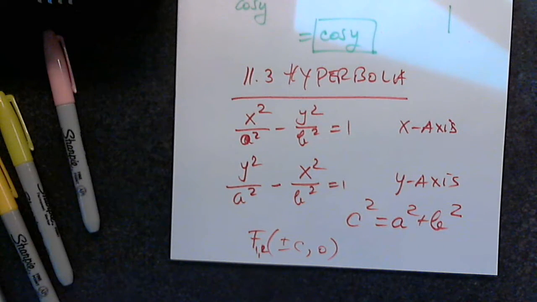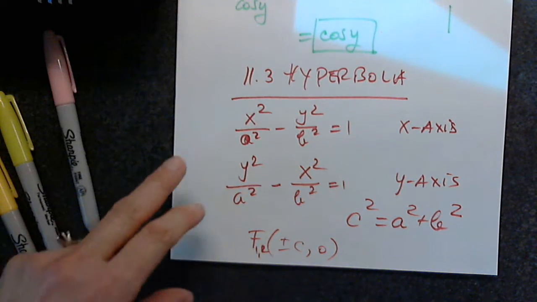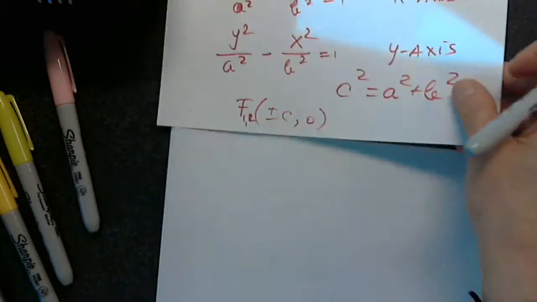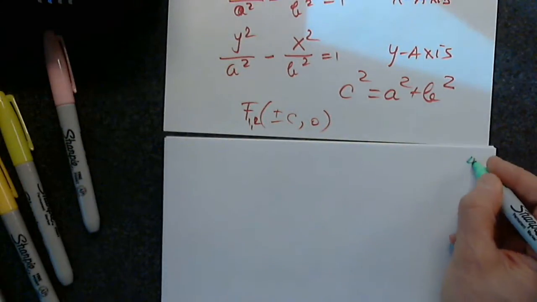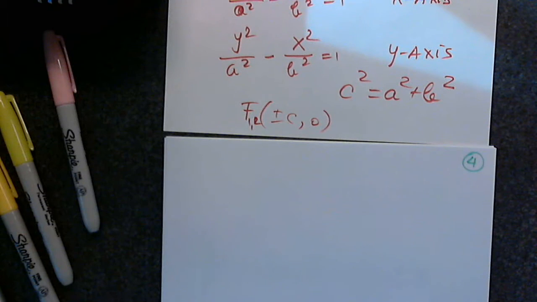On page 748, let's practice some graphs and finding the characteristics of the hyperbola. Let's look at match the equation with the graphs labeled 1 through 4, if you'd like to pick a problem from there. Then 9 through 20.